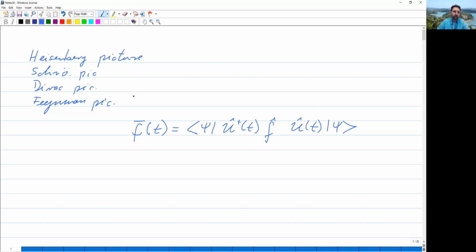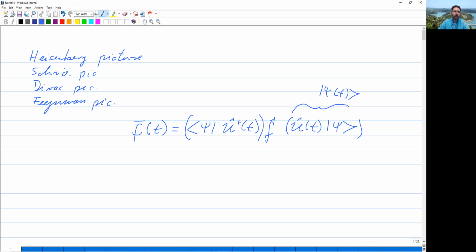The pictures differ in how they bracket. Remember that in the Schrödinger picture, we would bracket this. So we would put a bracket here and a bracket there. And then we would call this the time-dependent state.